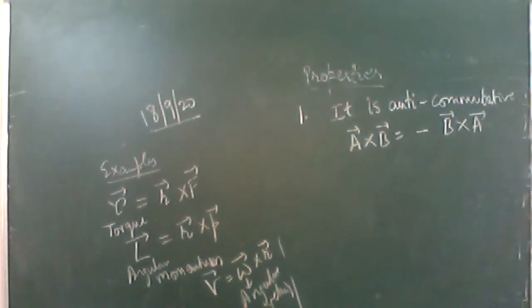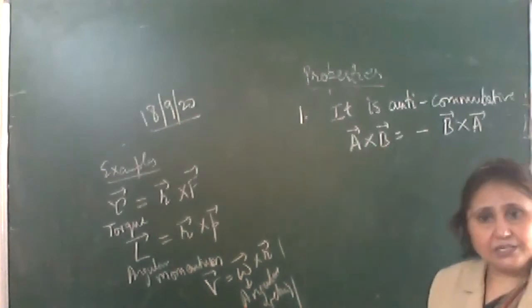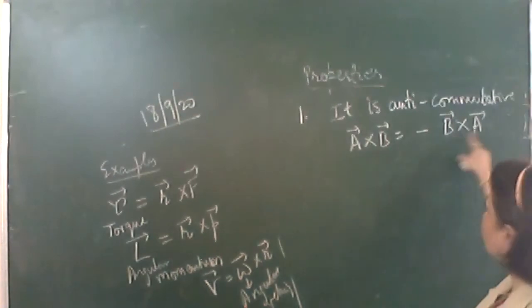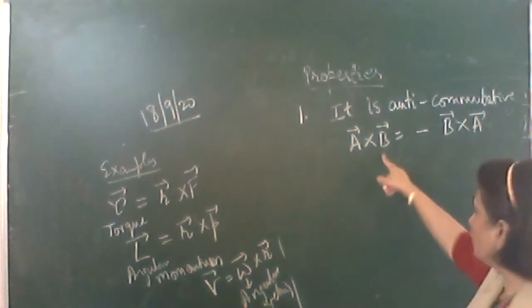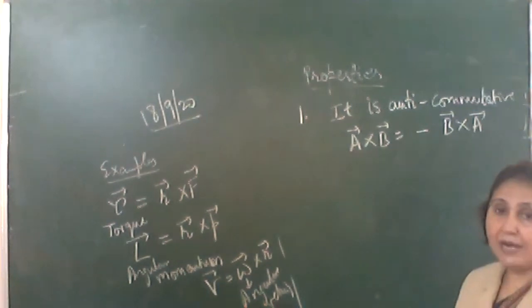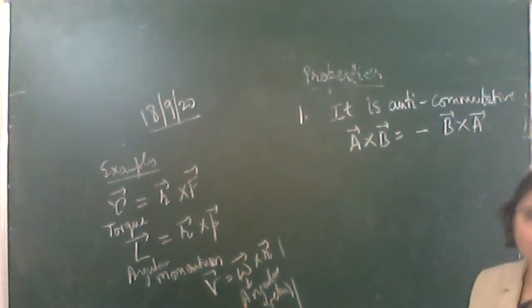So that is why we say that it is anti-commutative. It is not commutative. Magnitude of A cross B is AB sine theta. Magnitude of B cross A is also B into A into sine theta, that is AB sine theta. Magnitude of both are equal, but the direction will be opposite.